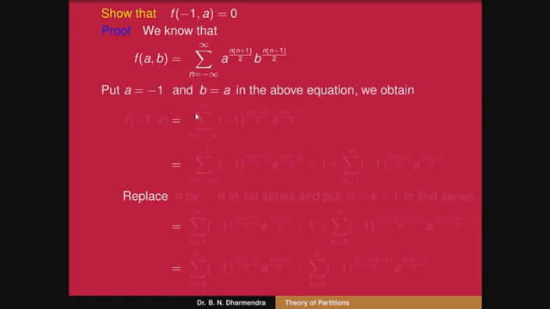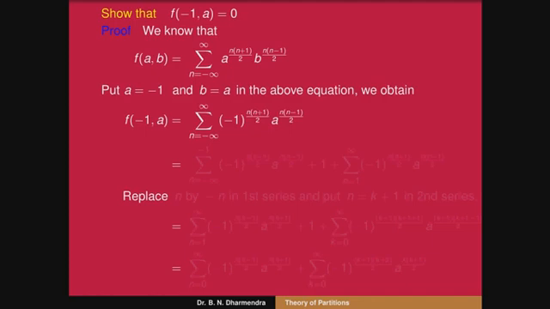In the above equation, we obtain f of minus 1 comma a is equal to the summation running from minus infinity to plus infinity of minus 1 to the power of n into n plus 1 by 2 into a to the power of n into n minus 1 by 2. So we can split into three parts.